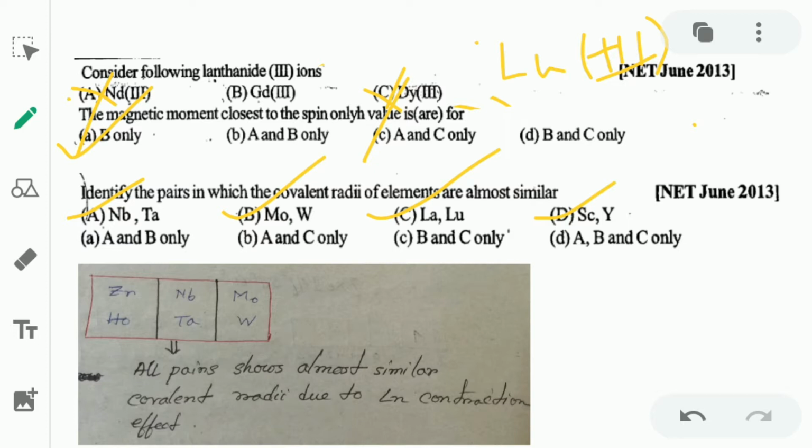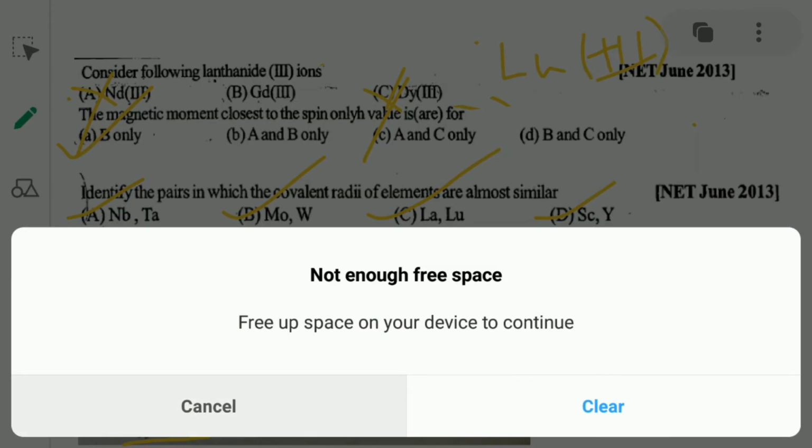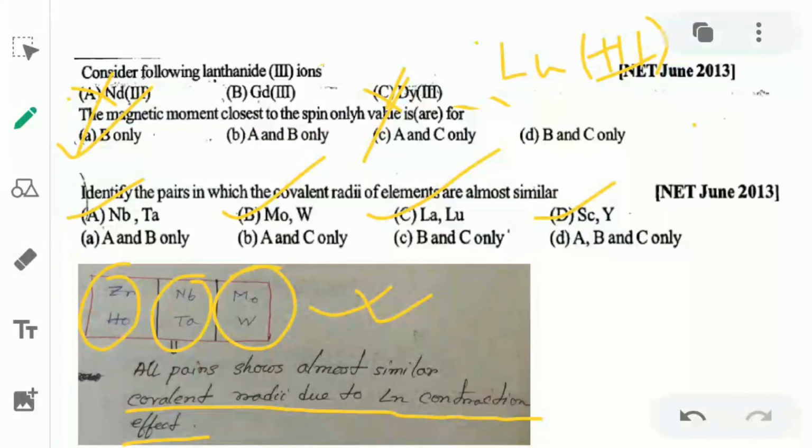As we know, zirconium and hafnium, niobium and tantalum, and molybdenum and tungsten show almost similar covalent radii due to the lanthanide contraction effect. Okay? Due to lanthanide contraction, they show almost similar covalent radii.